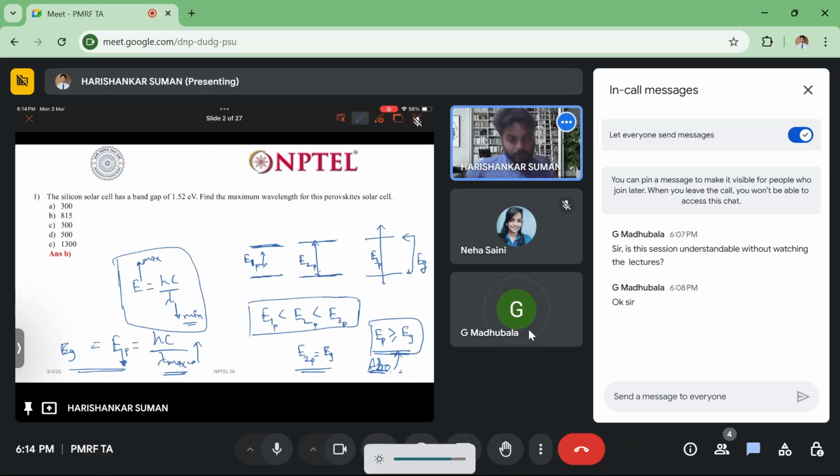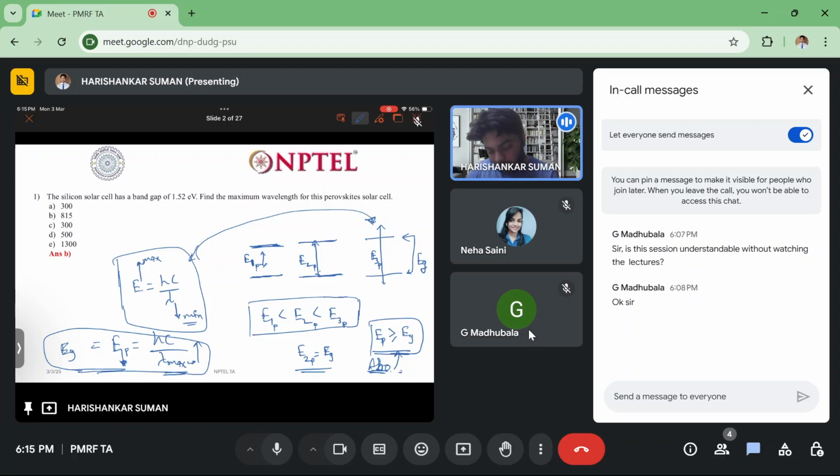Clear? Yes, sir. Okay. So the minimum wavelength can exceed, because when lambda is minimum the energy is maximum. So the minimum case is not the limitation, but the maximum is the limitation. So this is the concept.